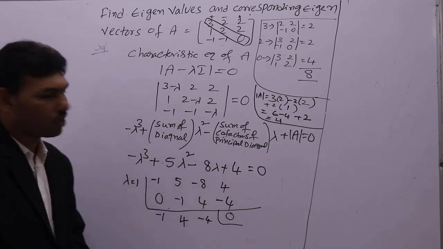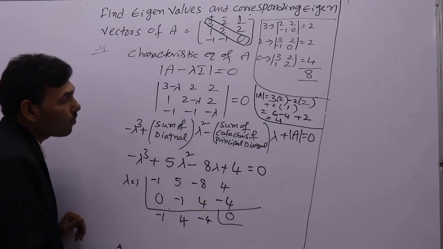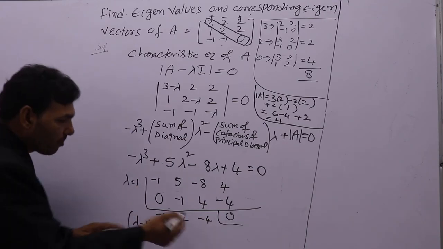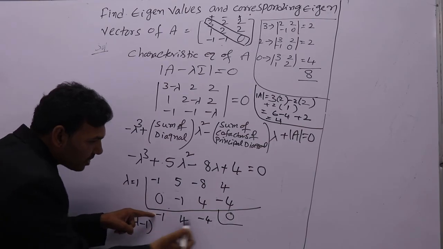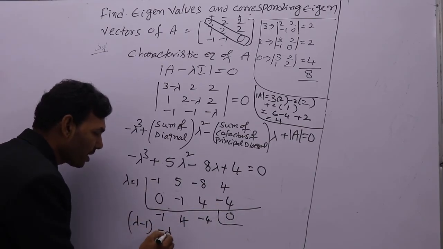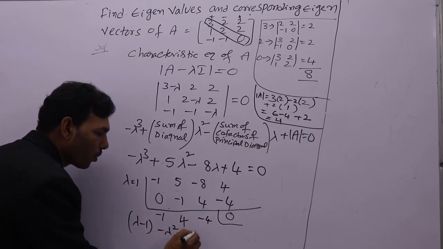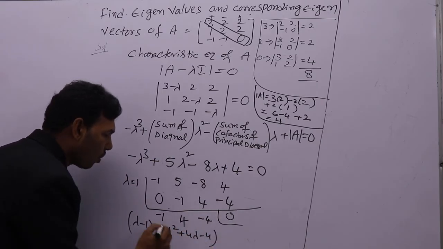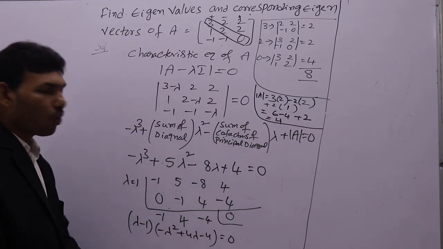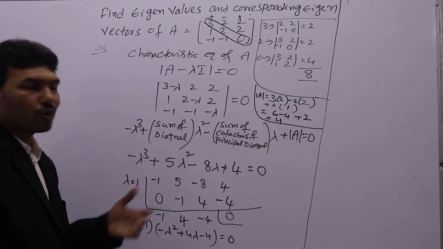4 minus 4. So now lambda minus 1 is one factor. And the remaining are coefficients of a second degree equation. Already one degree is cancelled. Minus lambda square plus 4 lambda minus 4 equal to 0. Clearly here 2 2s are 4.